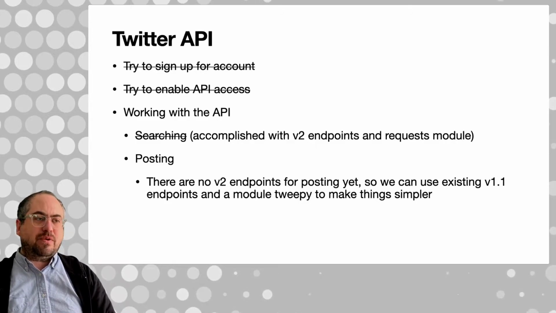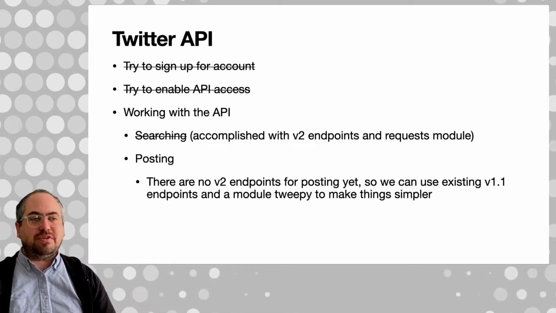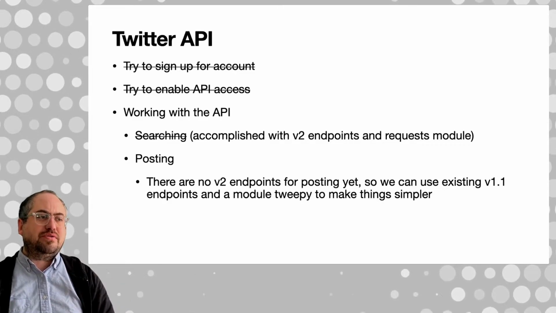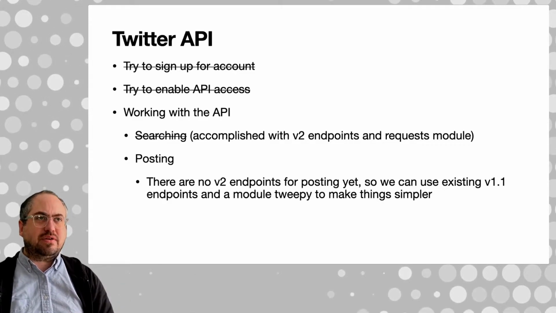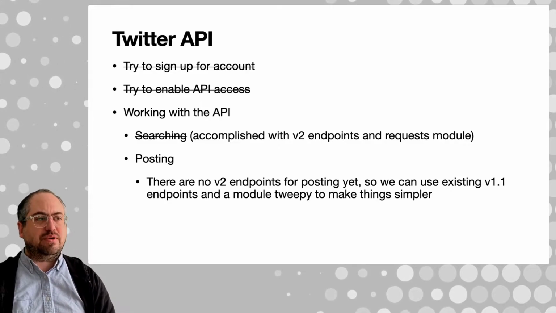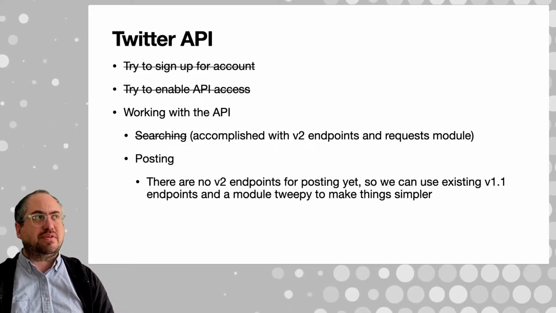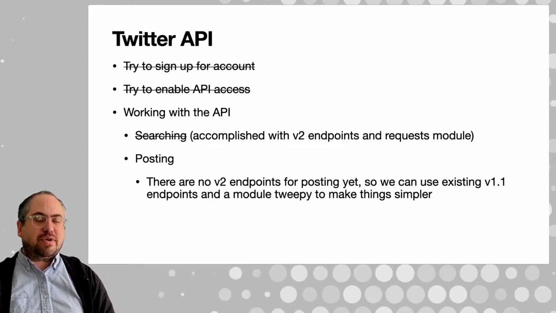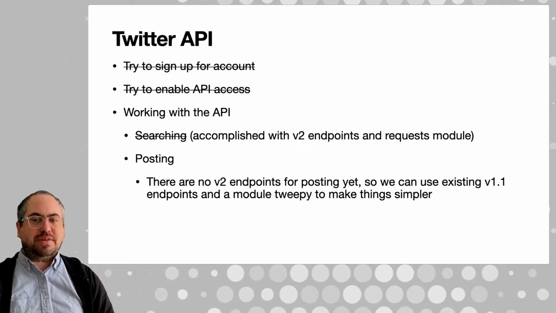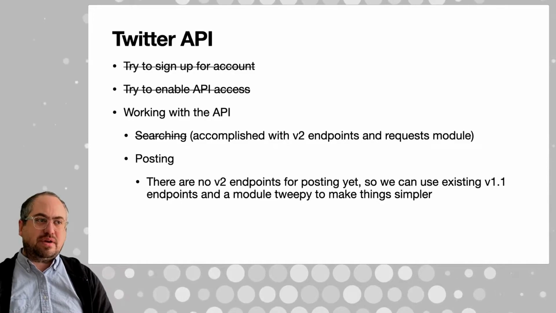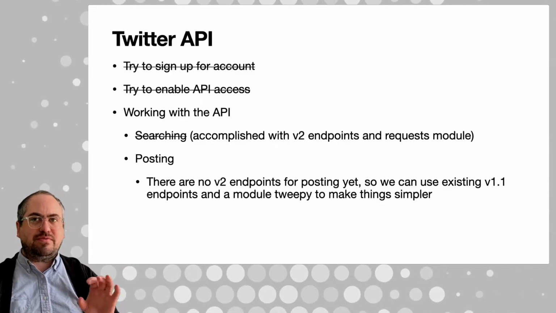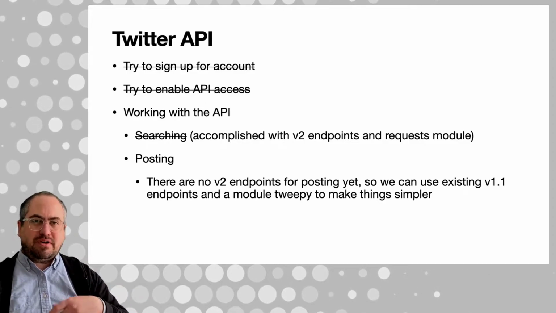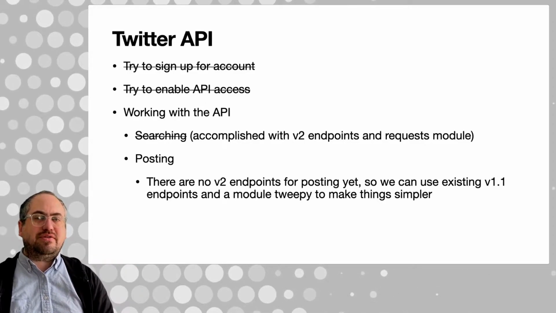From looking at the documentation, there are really no V2 endpoints yet for actually tweeting out. Those are still back in the older 1.1 endpoints to actually post a tweet. So in order to do that in this video, we're going to use a module that will let us communicate with those v1.1 endpoints without having to do very elaborate authentication and OAuth stuff.